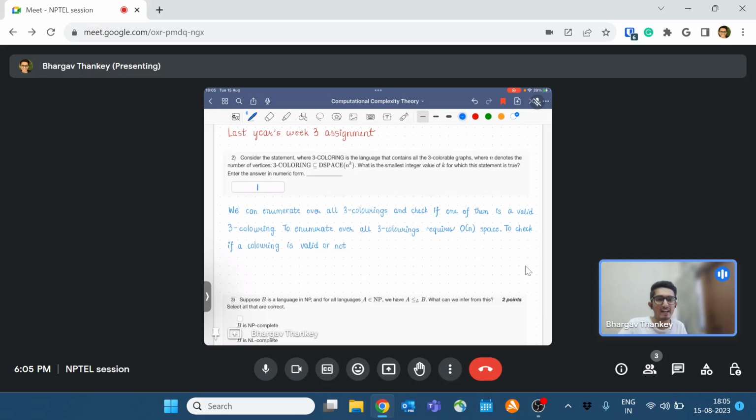In that case, we don't need any extra space, because for every vertex i, we just go over its row in the adjacency matrix and check if the color of vertex j, such that ij is 1, is different from i. That does not require any extra space. We just need to go back and forth over the coloring.